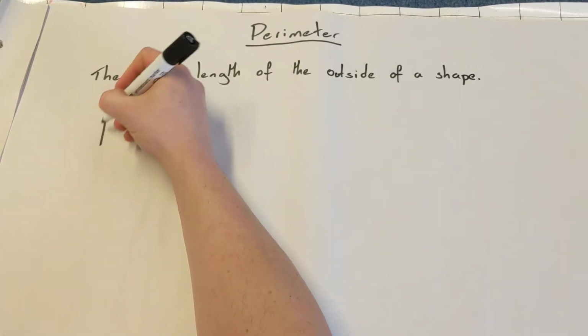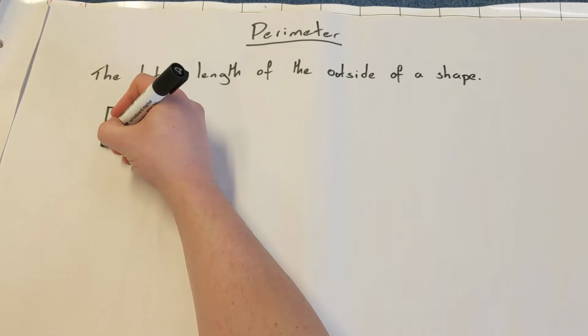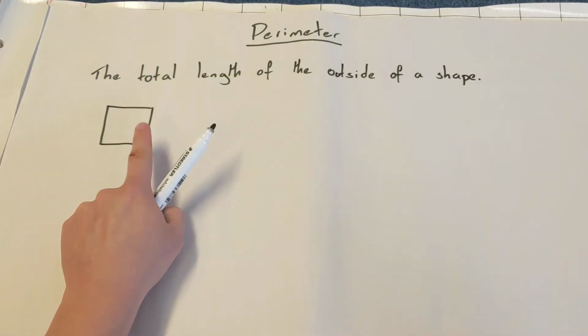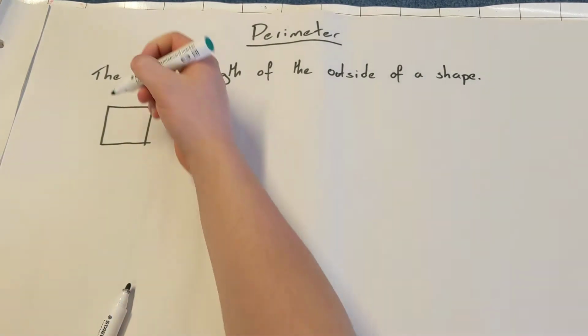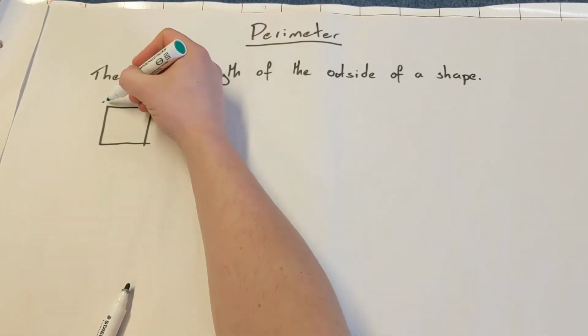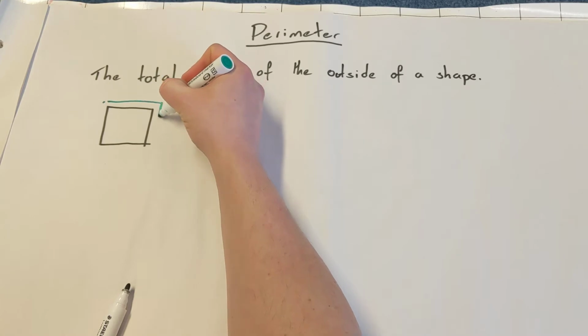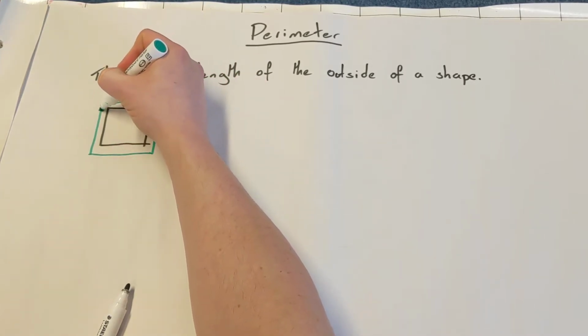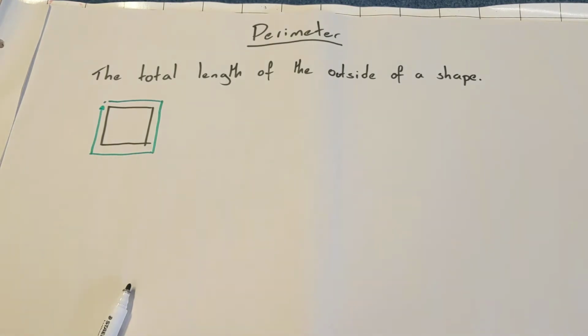So if we started off really easy with this square, and ignore that little bit there, the perimeter would be, say, starting here, how far around it is to go all the way around the square back to where we started.